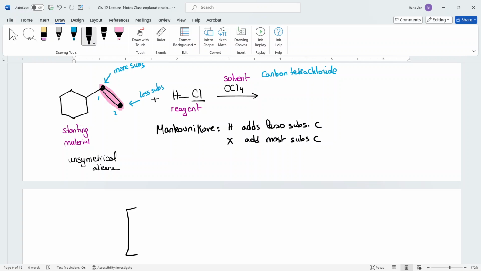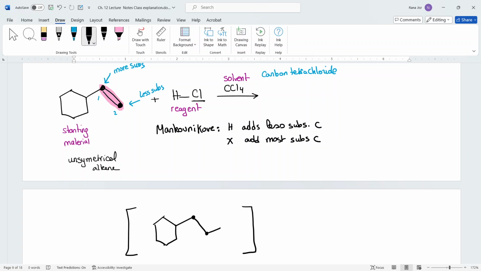So in order to represent the intermediate, I'm just going to go ahead and open these brackets in there so that I would put the intermediate. And the intermediate is actually your reactant, okay? So it's actually your starting material. And I do have here 2 carbons. But now what I'm going to do is apply the first step of the Markovnikov. Hydrogen adds to the less substituted carbon. So I'm going to add the hydrogen here.